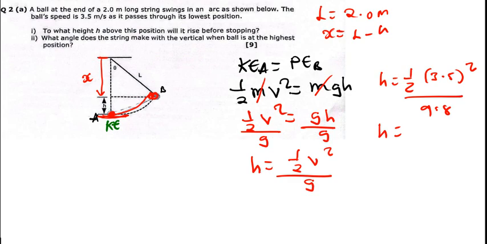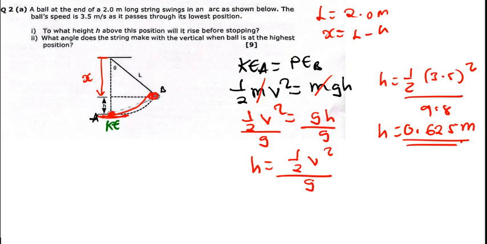So I'm getting my h to be 0.625 meters. If you want, you can round it off and say 0.63. It's okay, that is just fine. So that's the answer for the first part.